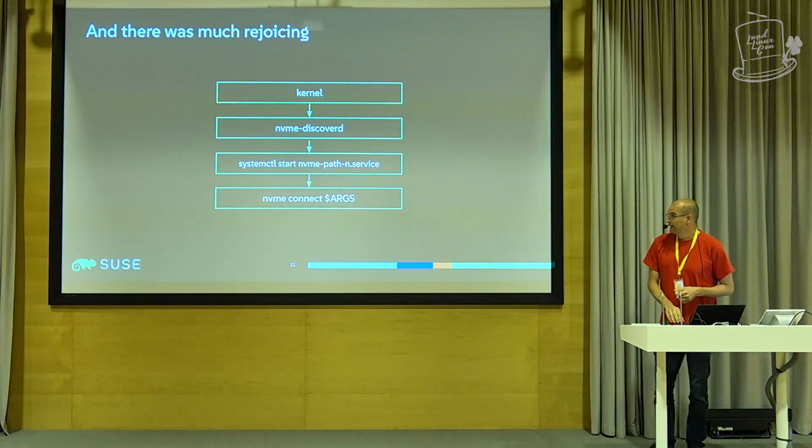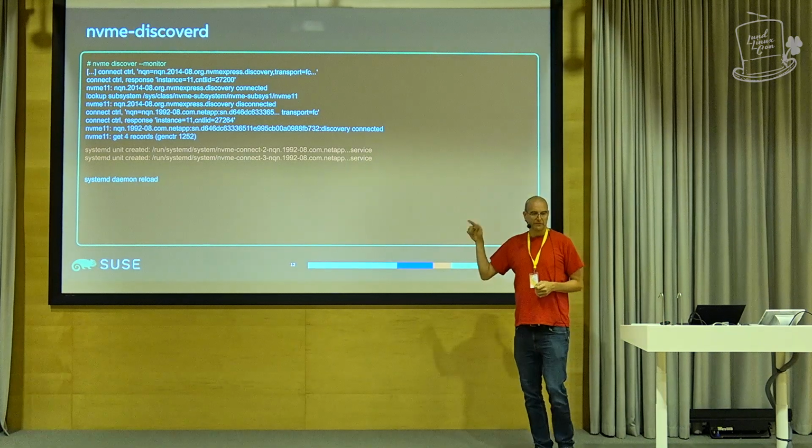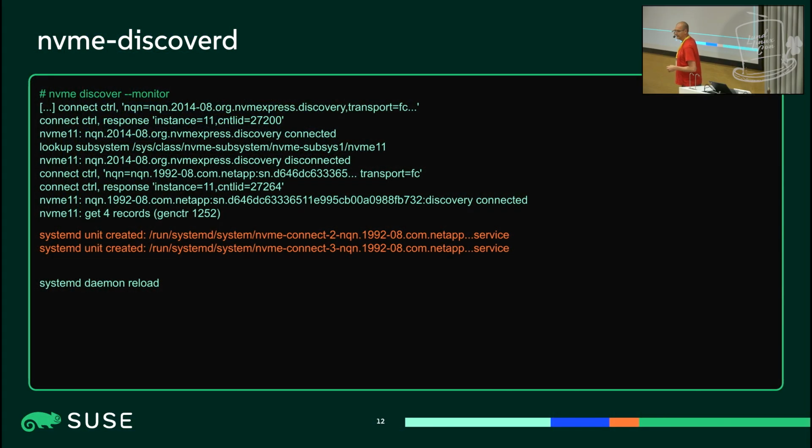As I said, I did some prototyping. This is now the discovery daemon output, as you see. It's discovering the other side in that case, and the red part is where it's writing these unit files. These files are landing in the run folder from systemd, and in this prototype I had to reload it.